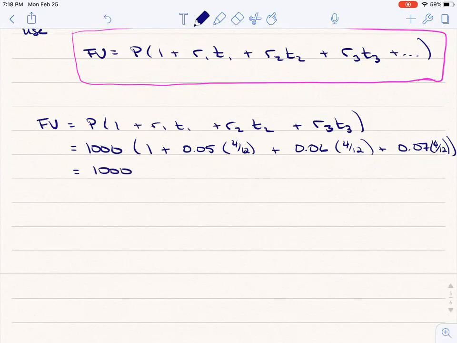You can simplify this as 1,000 times 1 plus 0.18 times 4/12, treating 4/12 as just some variable.